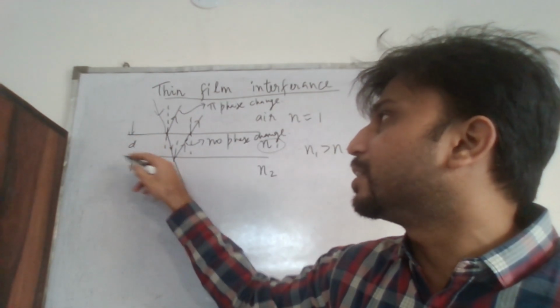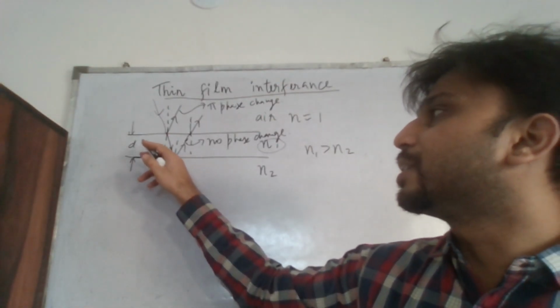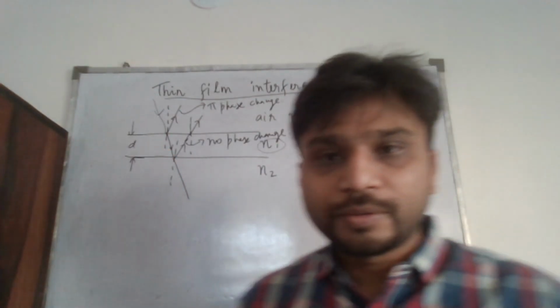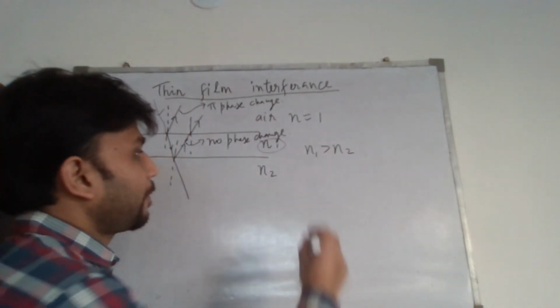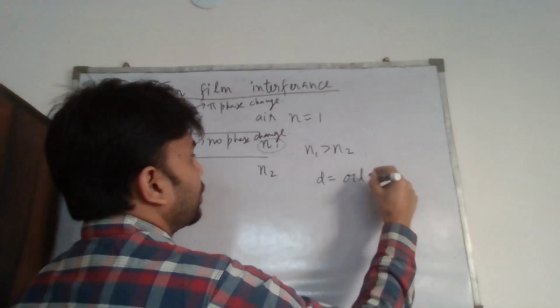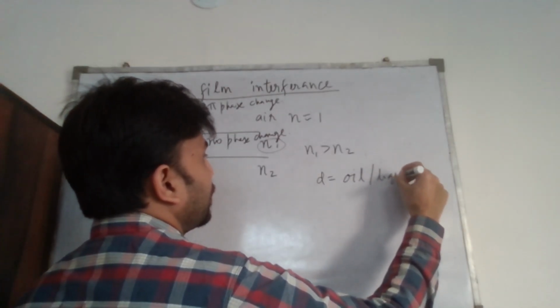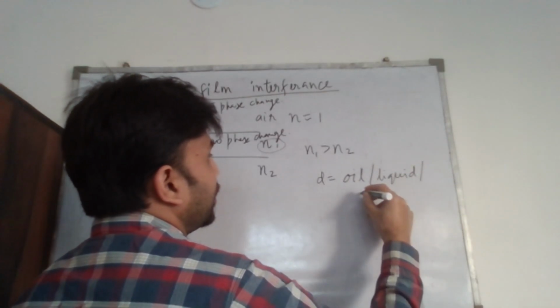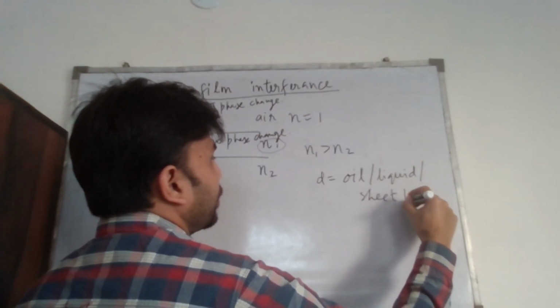Let's say this distance is d only. So this distance d is the oil thickness, liquid or sheet thickness.